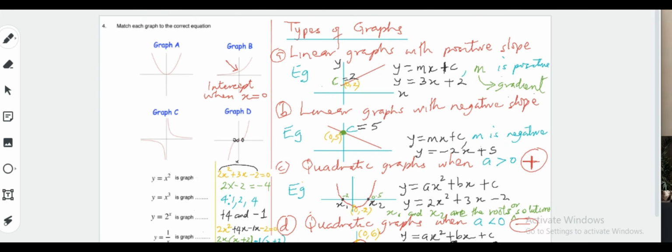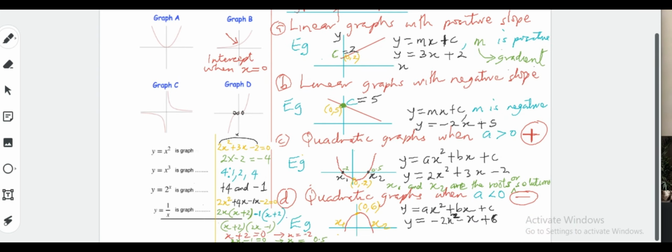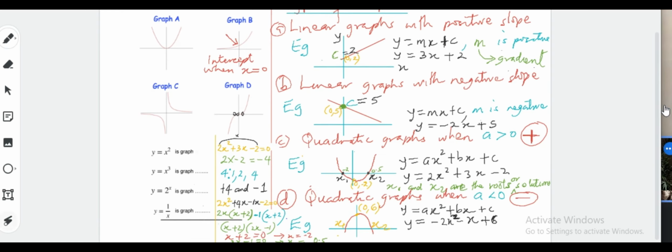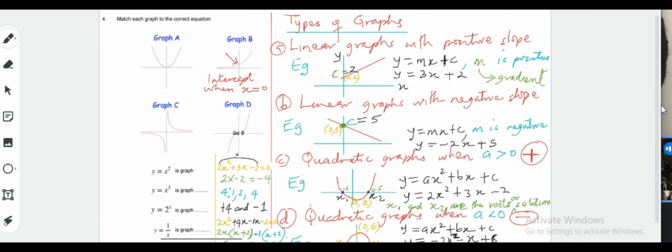The question says, match each graph with the correct equation. Okay, done it. Are you sure? Can you cross-check?